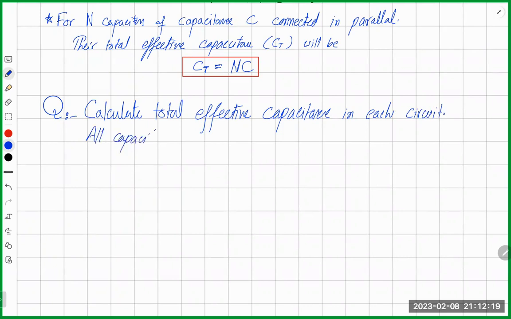All capacitors in all circuits have a capacitance of 600 microfarad.